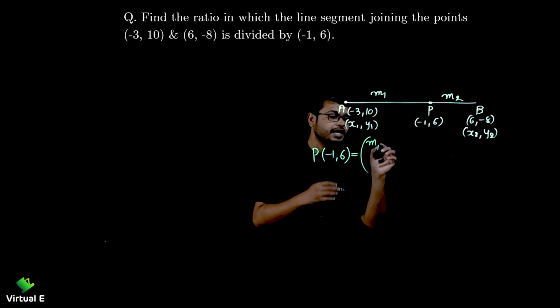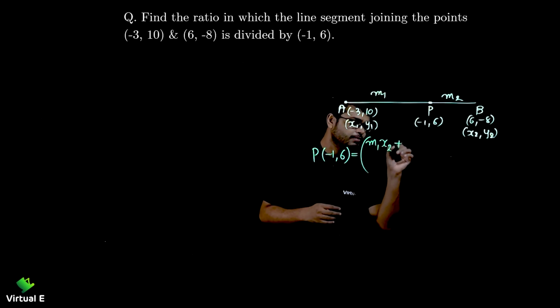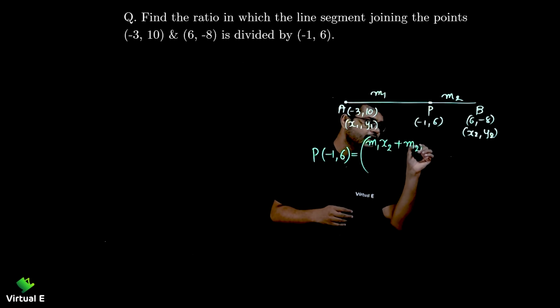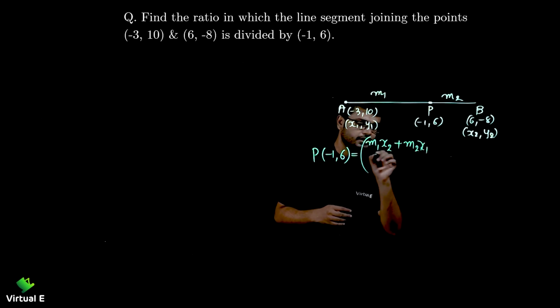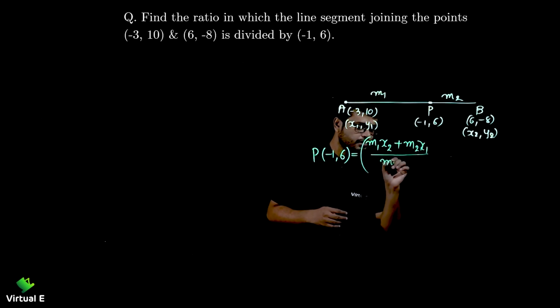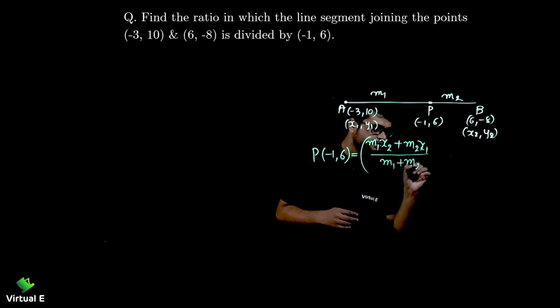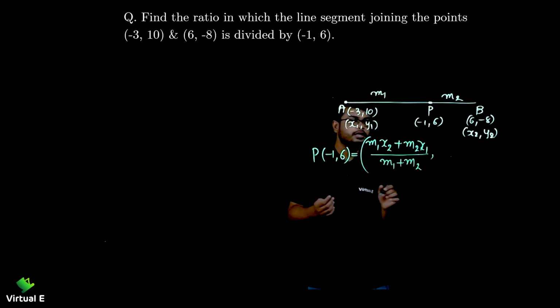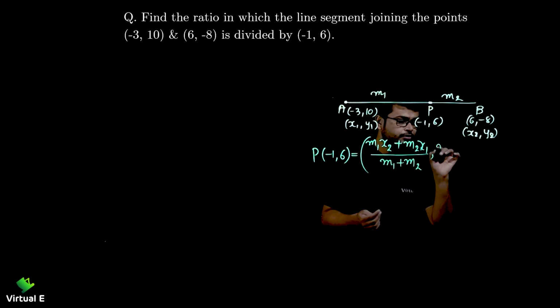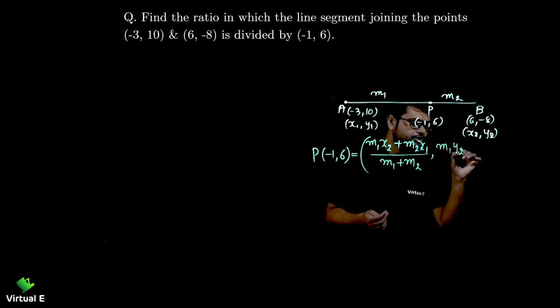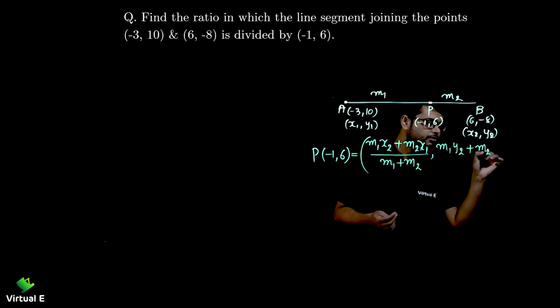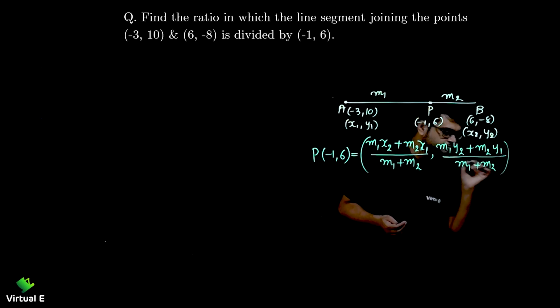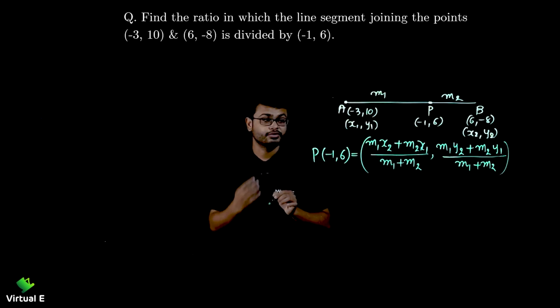If I take m1, I need to take x2, plus if I take m2, I need to take x1, and denominator m1 plus m2. Let's do same for the y coordinate. So here I am going to take m1, then y2 plus m2, then y1, and denominator m1 plus m2. Simple. You remember the formula, you have to remember it.